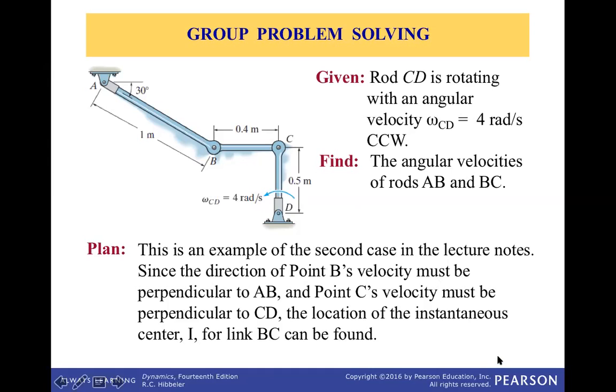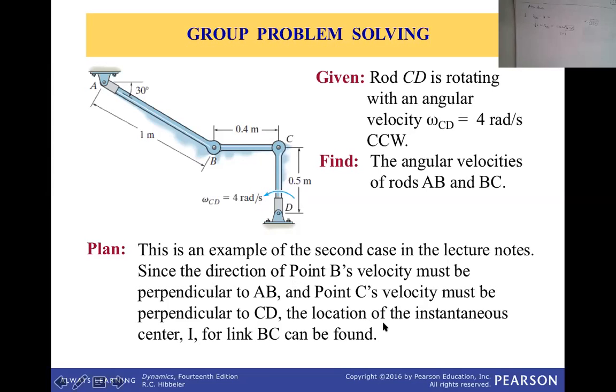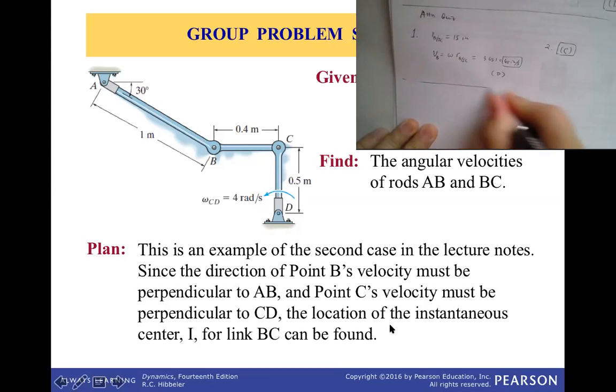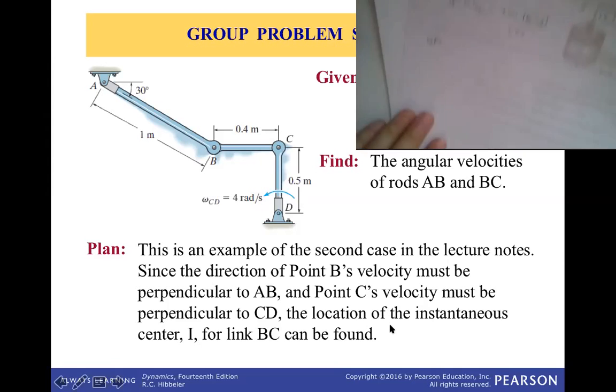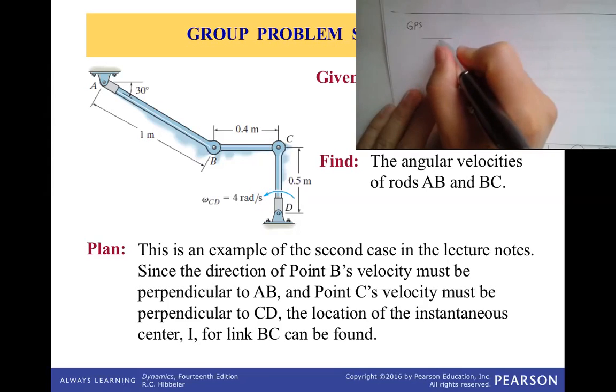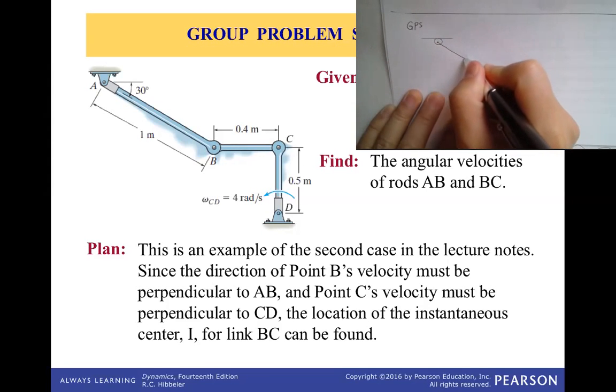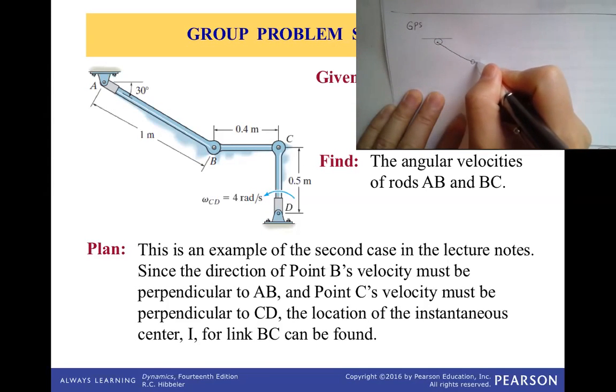All right, so let me just show you guys quickly how we can solve for this one. And then I'll be posting full solutions later on the PowerPoint, okay? So let me draw it quickly, assuming this is all we have.